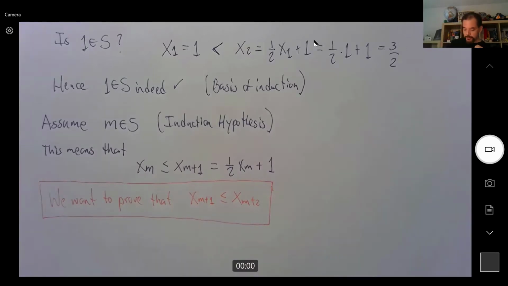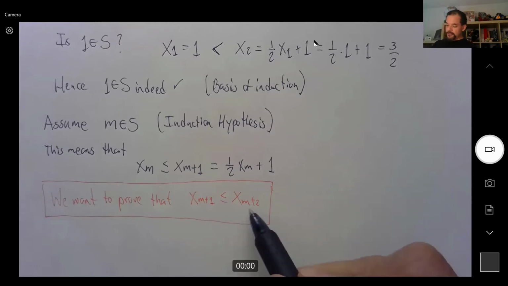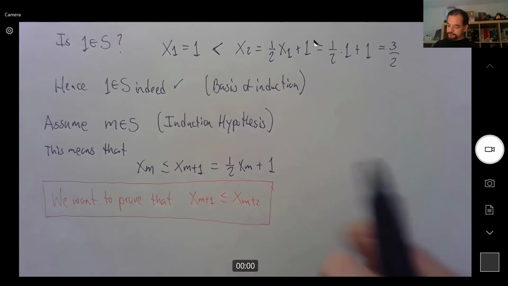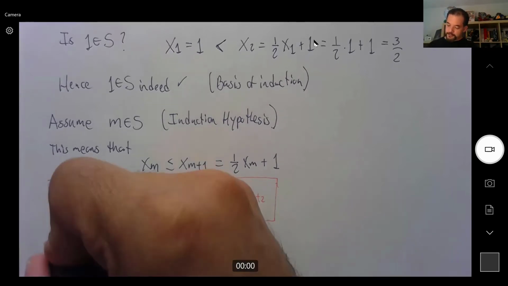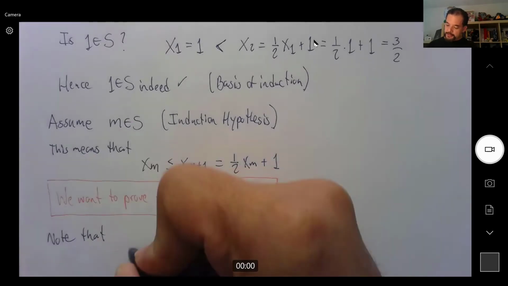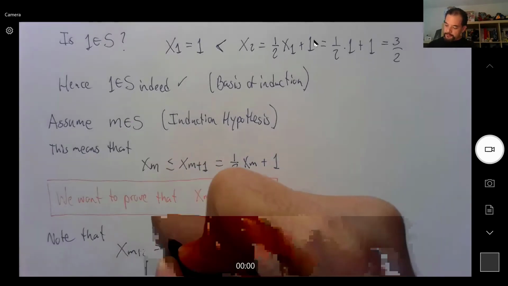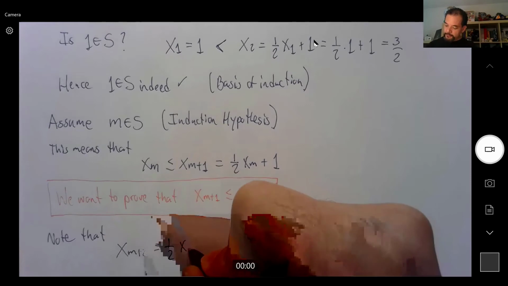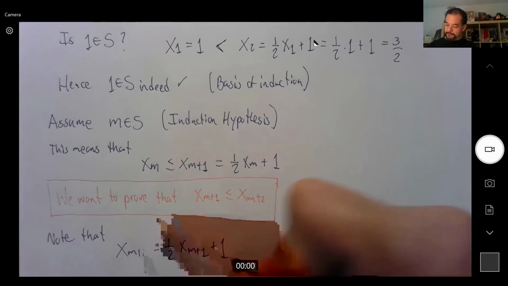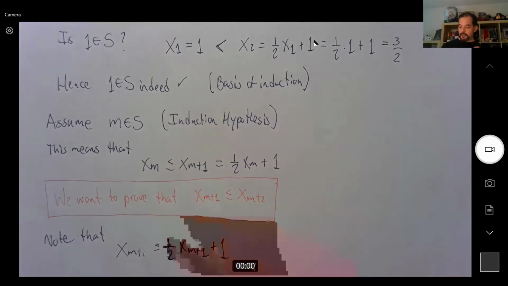Okay, so how do we do it? Well, let's try to figure out what is xm plus 2. By definition, xm plus 2 is 1/2 of xm plus 1 plus 1, right? And then what I need to argue is, why is it that this number is bigger than xm plus 1?